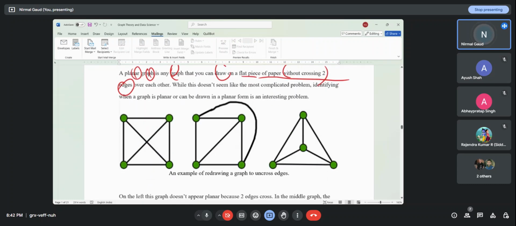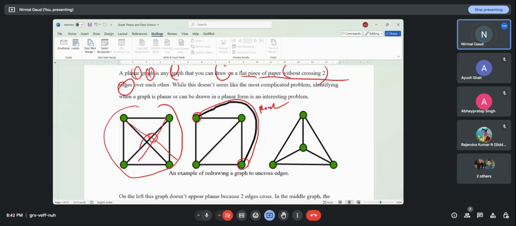In graph number one, you can see this is not planar. Why? Because you can see intersection of the edges here. This is not planar. If you want to make it planar, you do one thing. If you want to connect an edge between these two vertices, just round it up. Do this, and this is planar.